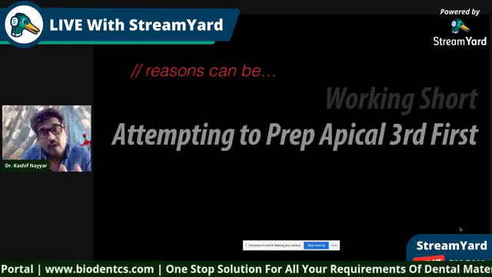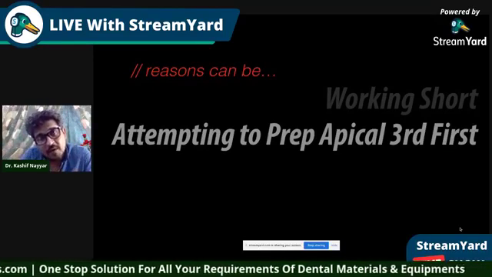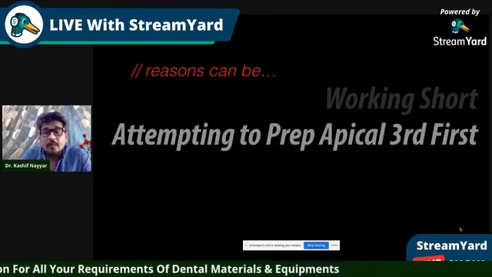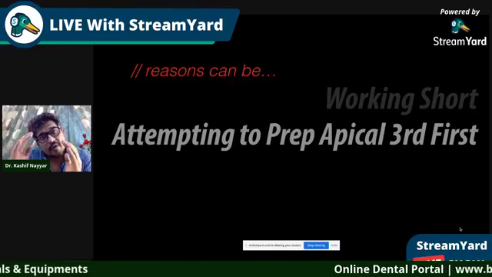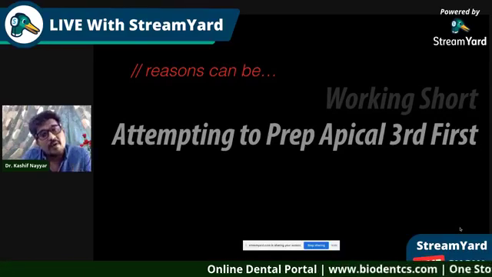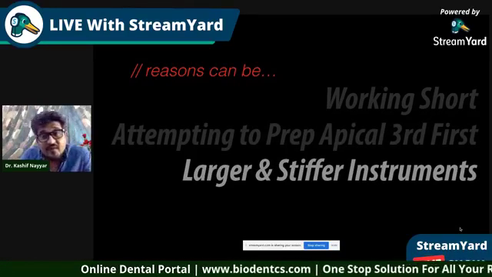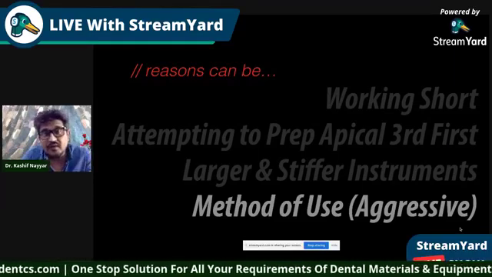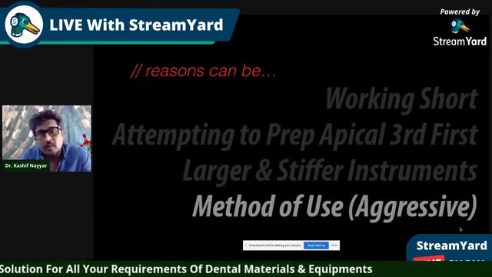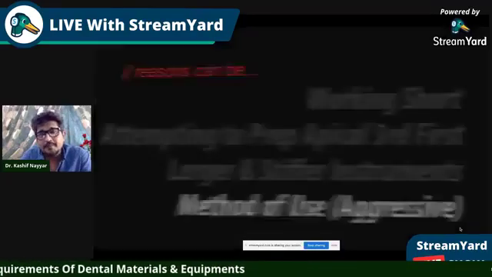That debris is going inside the same canal and packing in. So it's important that you start to clean up from the coronal, then middle, and then finally prepare the apical third. Larger and stiffer instrumentation and the method of use, if you are using it aggressively out of frustration, you will end up with something wrong.